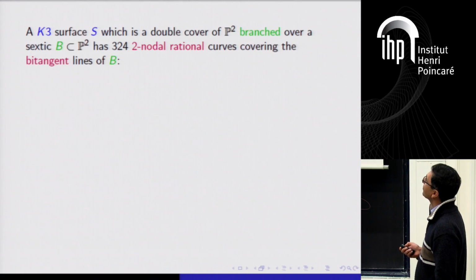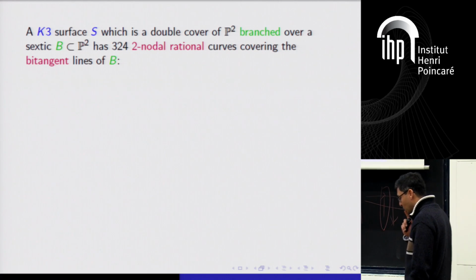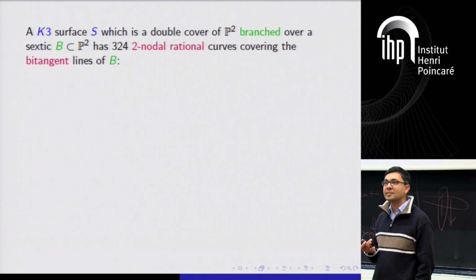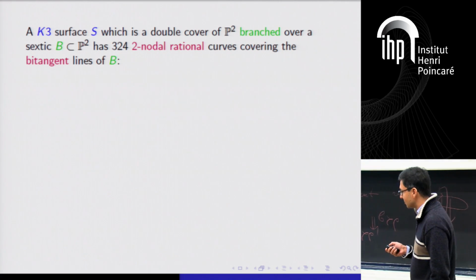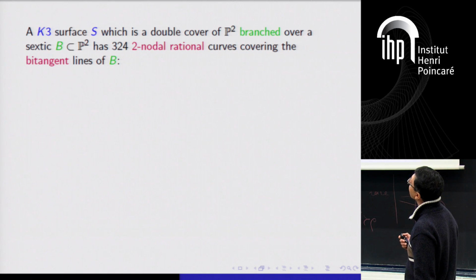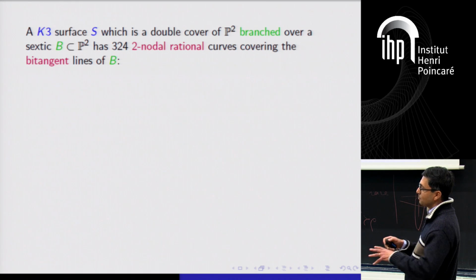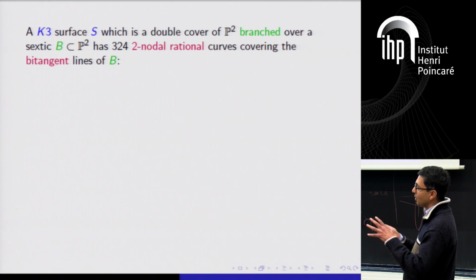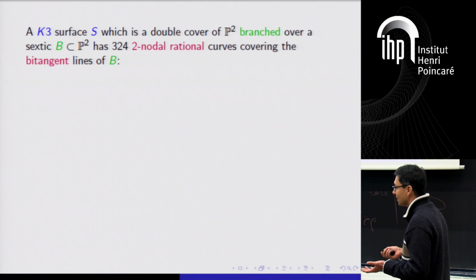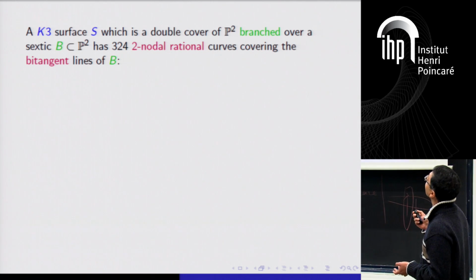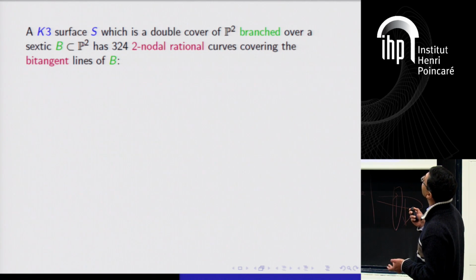OK, then a situation which is more sophisticated, but also essentially classical algebraic geometry, is another way to find a K3 surface. I told you how to find K3 surfaces in space by one equation. Another way to construct things is taking a surface, P2, and taking a branched cover.